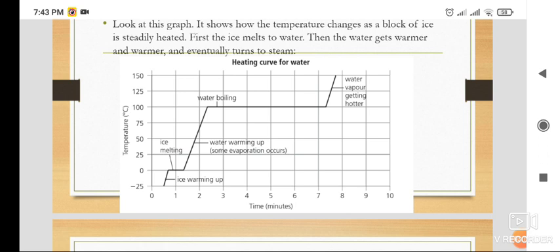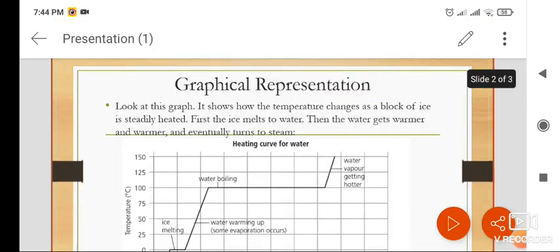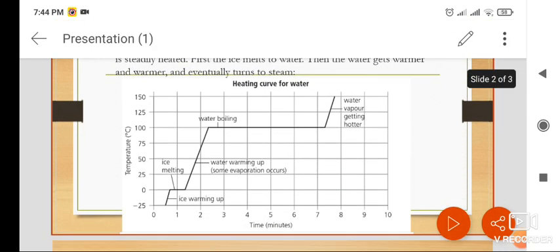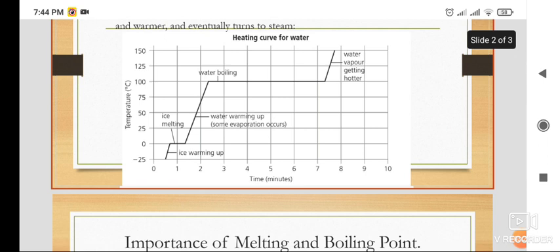Now the temperature will start rising again until we reach the boiling point of water, which is 100 degree centigrade. At 100 degree centigrade, liquid will start turning into steam, which is a gas.